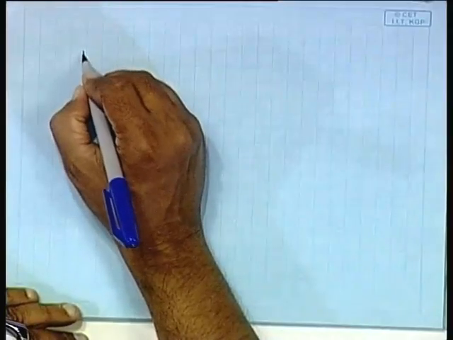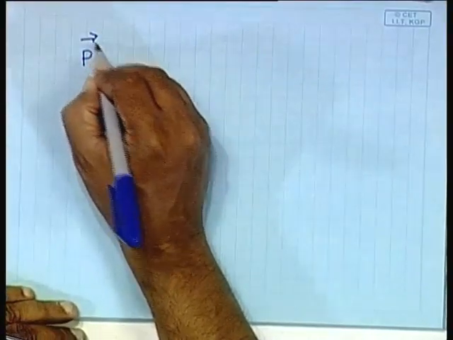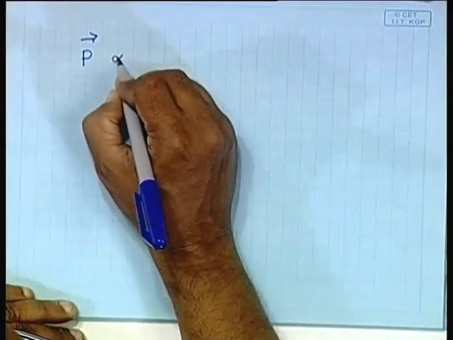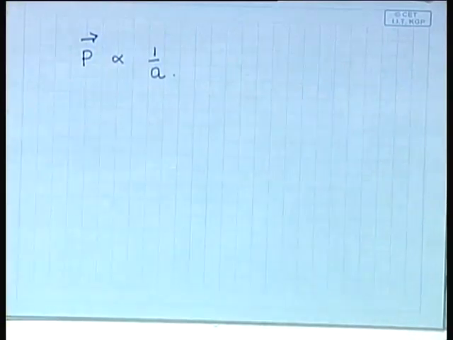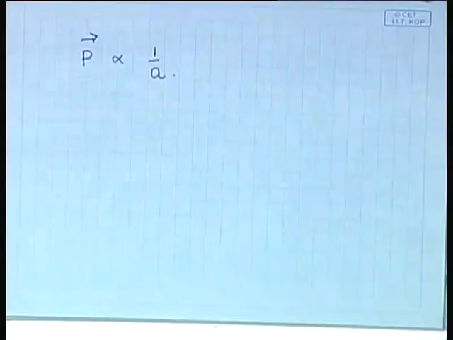Or what we can say from this is that with the expansion of the universe, the momentum of a particle scales as the inverse of the scale factor, because the momentum is h cross k, right. The momentum of a particle of this excitation is h cross k, and k scales as 1 by a. So, the momentum of a particle also scales as 1 by a.